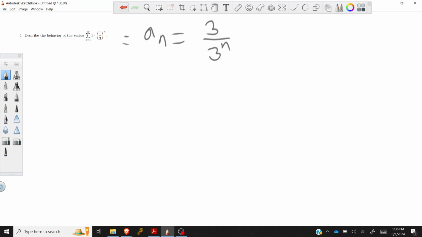So let's plug in n equals 1 here. N equals 1 is going to be equal to 3 times 1/3, which is equal to 1. Then we're going to add n equals 2, and that is going to give us 3 over 9, which is equal to 1/3. As we continue down this path, we'll get 3 over 27, which is 1/9, and then 3 over 81, which is 1/27.